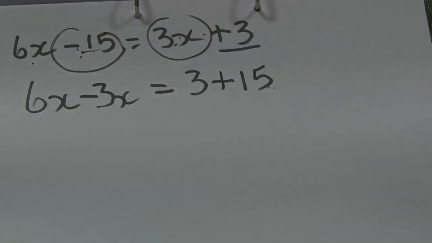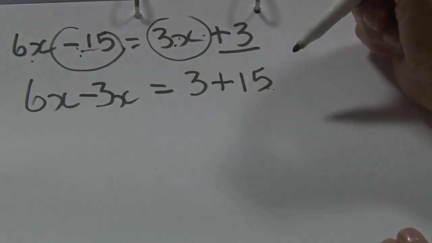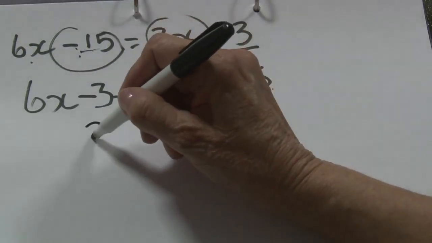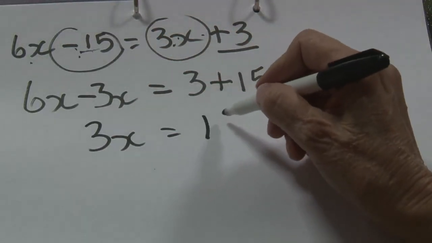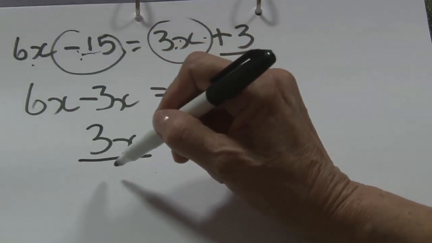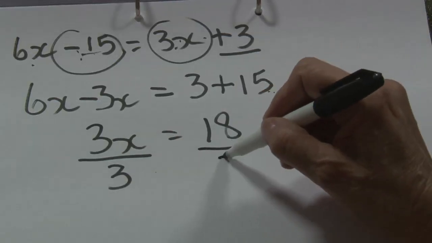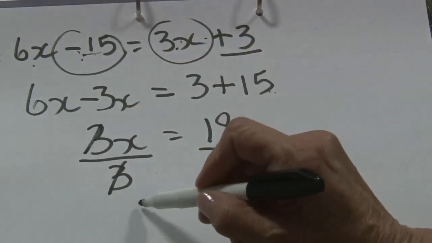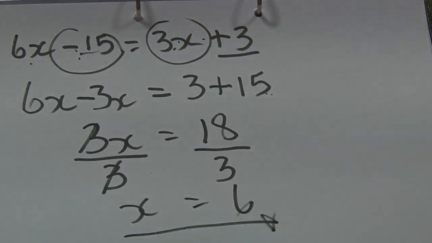What actually happens is what I showed you. If I add 15, there 2. So 3x is equal to 18. It's multiplication. I will use division so that I can cancel the 3 to get the x on its own. So x is equal to 6.